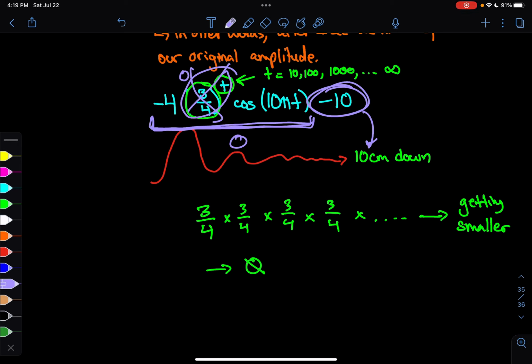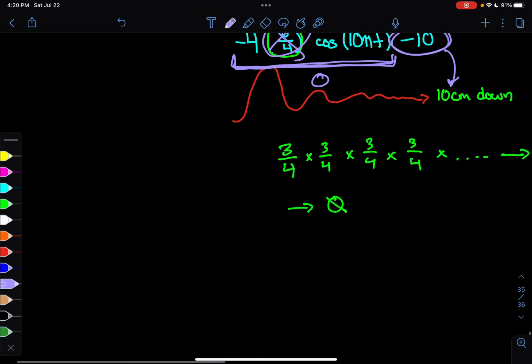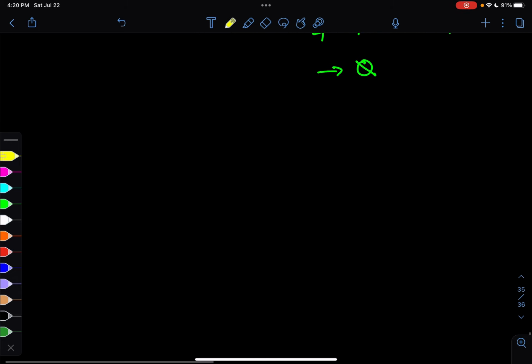Hopefully this makes a little bit of sense. That is pretty much the idea behind damped harmonic motion. You basically just figure out how much you have left after a little bit of time, and so on and so forth.